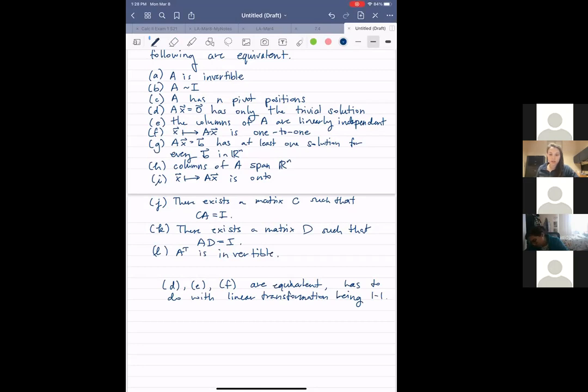And then also, let's see, G, H, and I are also equivalent, and they have to do with the linear transformation being onto, right?